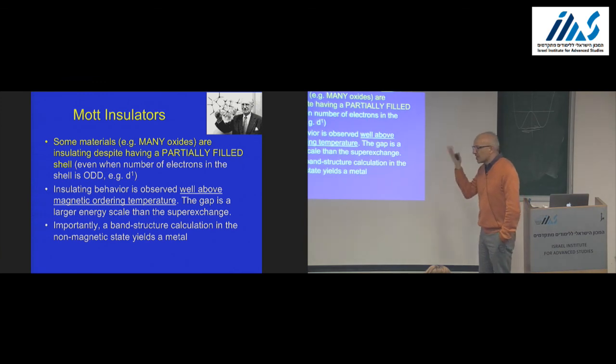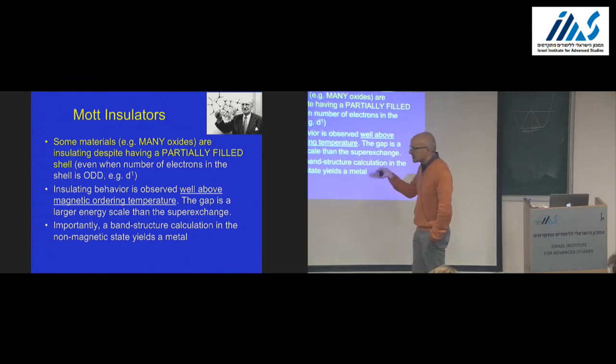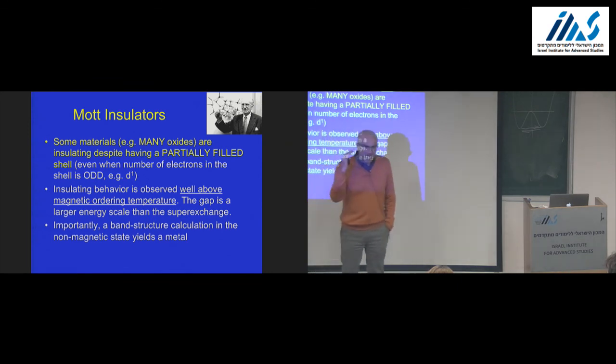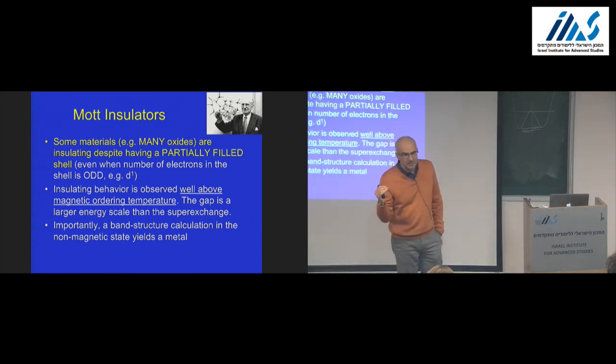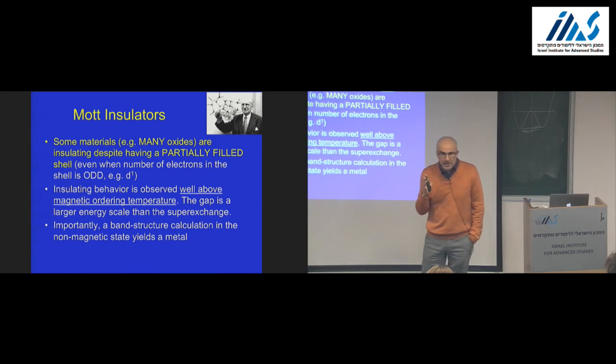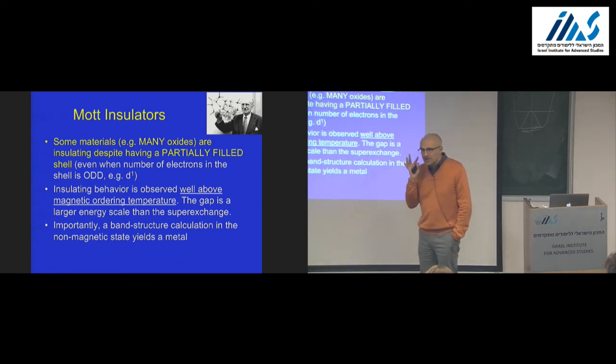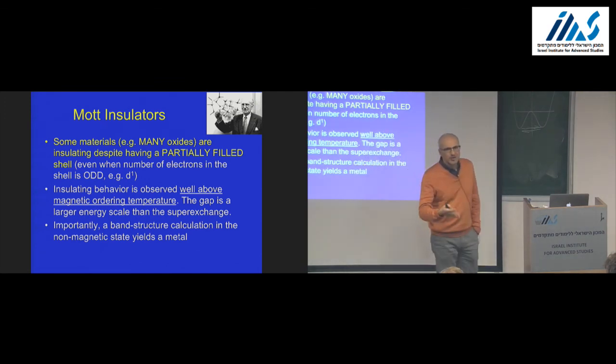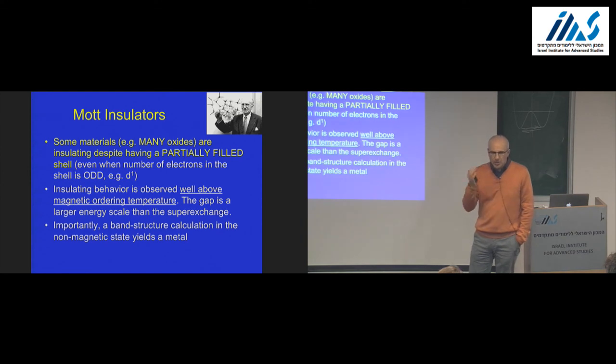And the gap is not necessarily as big as U. It depends on how far you are from the Mott transition. But definitely, the gap is a high energy scale. And the system is an insulator because of the blocking of charge degrees of freedom. J, the superexchange, which eventually may lead to ordering of the spins, is a much smaller scale.